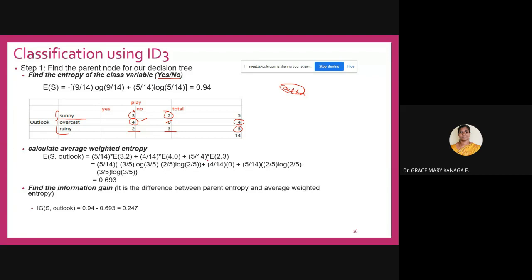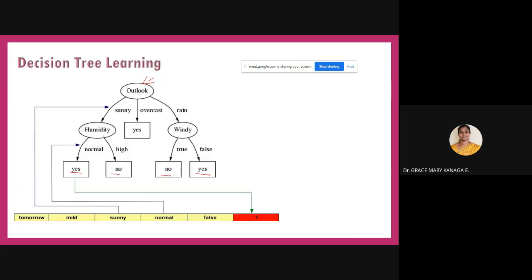So this we have to calculate. What's the formula for calculating the entropy of 3 comma 2? That is minus 3 by 5, the 3 divided by the total 5, into log of 3 by 5, minus 2 by 5 into log of 2 by 5. See this formula, don't forget this formula.